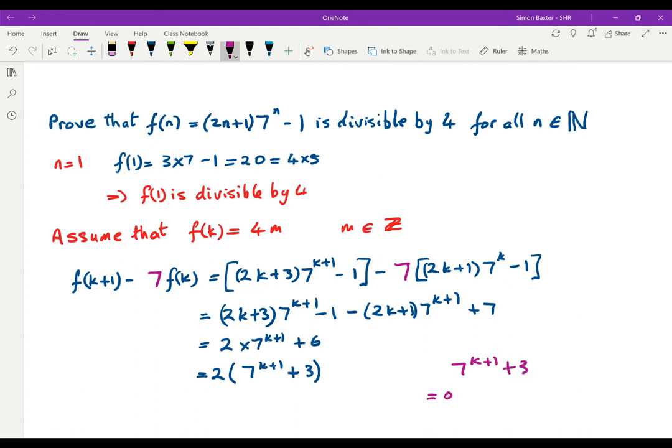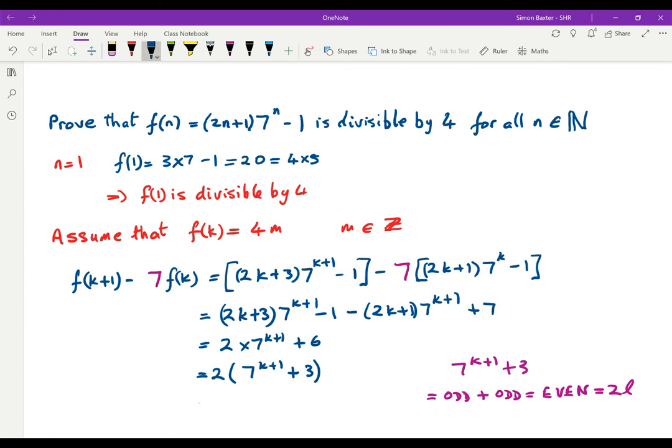That is an odd number plus an odd number. Hey ho. Now that is an even number. So that is 2 times something. Let's say 2 times L, where L is a whole number.